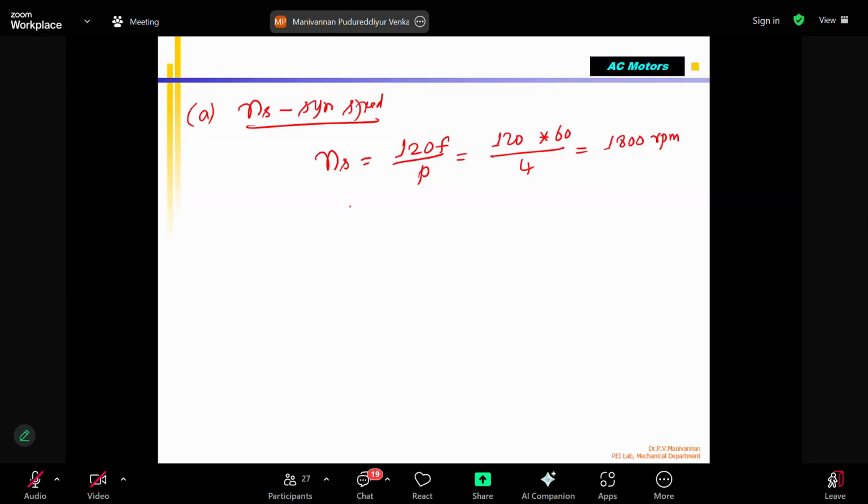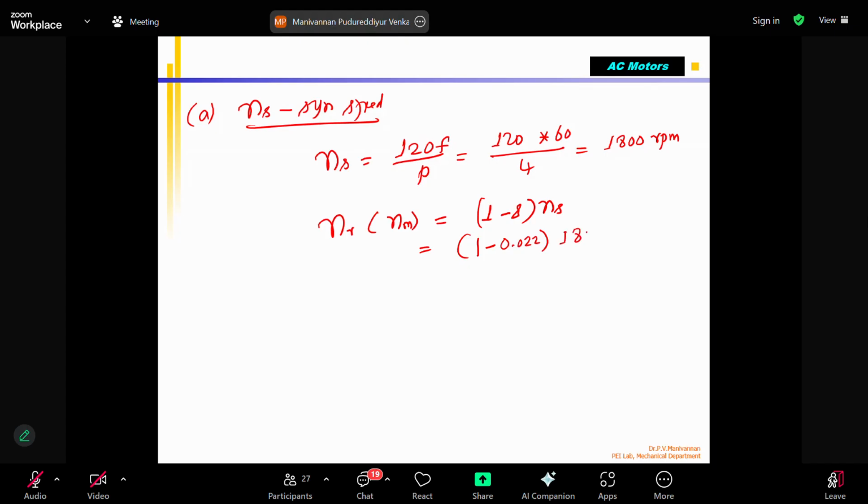Then we can find out NR. Sometimes it is also called NM. M is motor or rotor speed. This shaft speed is nothing but (1 minus s) into NS. We know s, they said 2.2%, that means it is going to be 0.022, into NS.